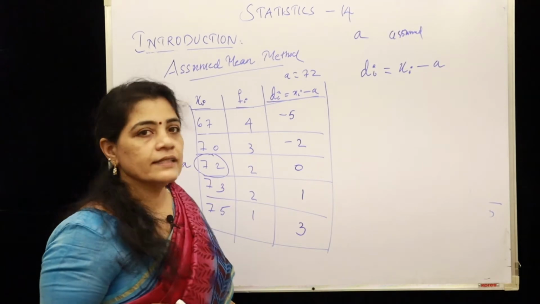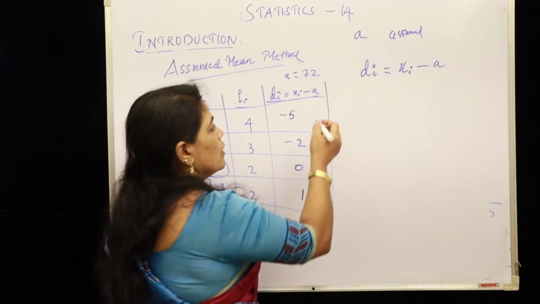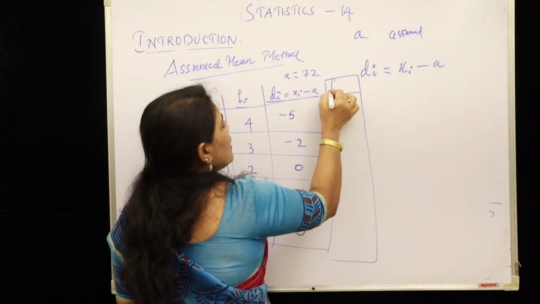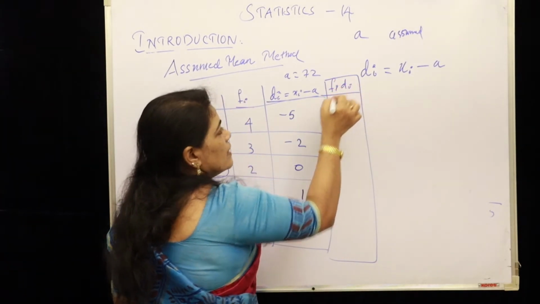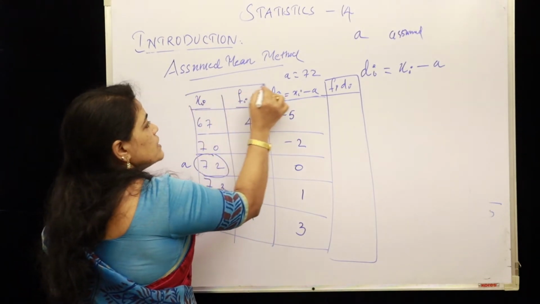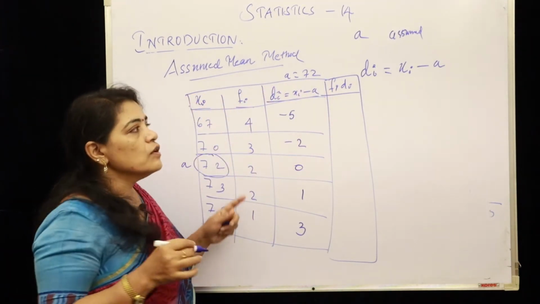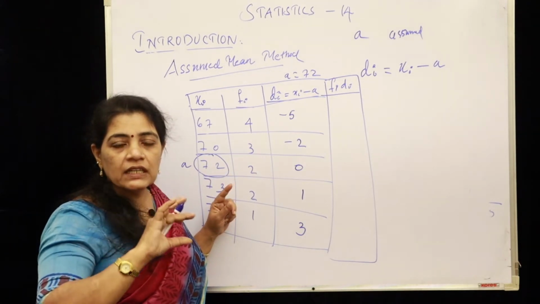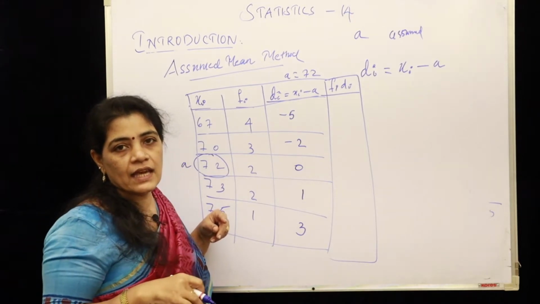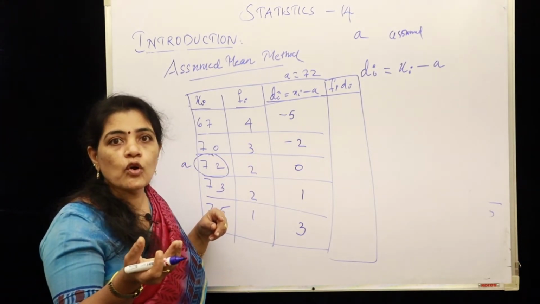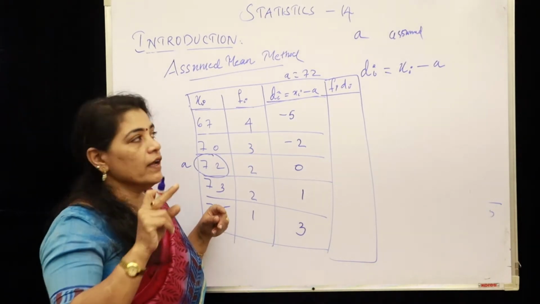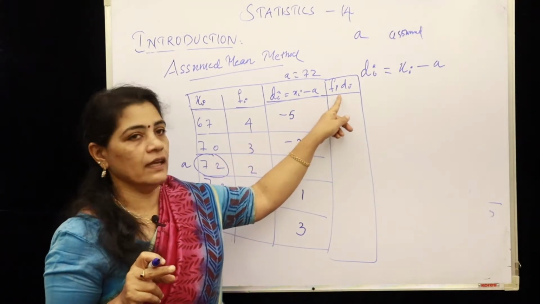Okay, and in the fourth column, here comes fi into di. We can't make any change in the frequency column, that is the second column. We are just converting this xi column into the di column by subtracting xi minus a, and in the fourth column we get the product, that is each di and fi into di.